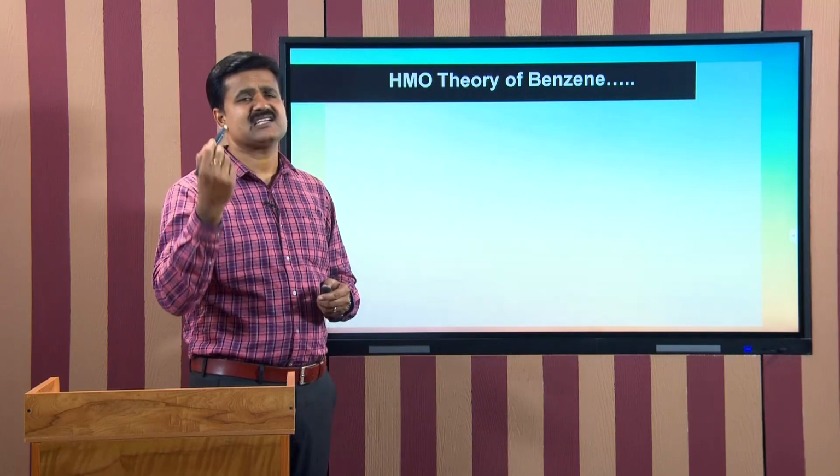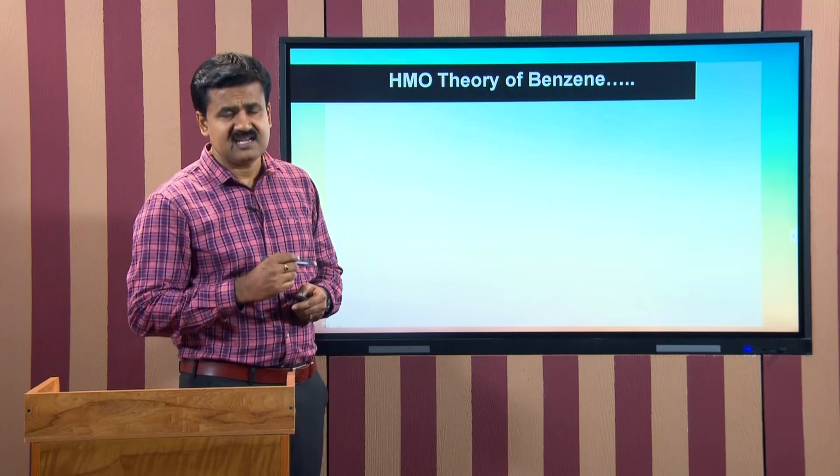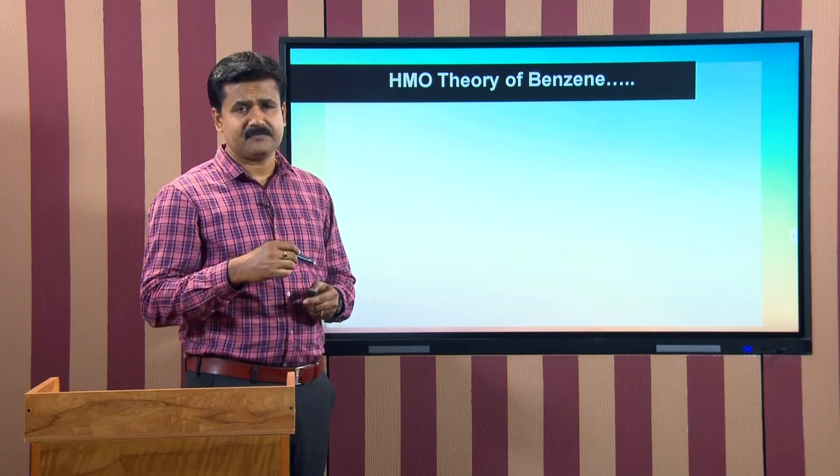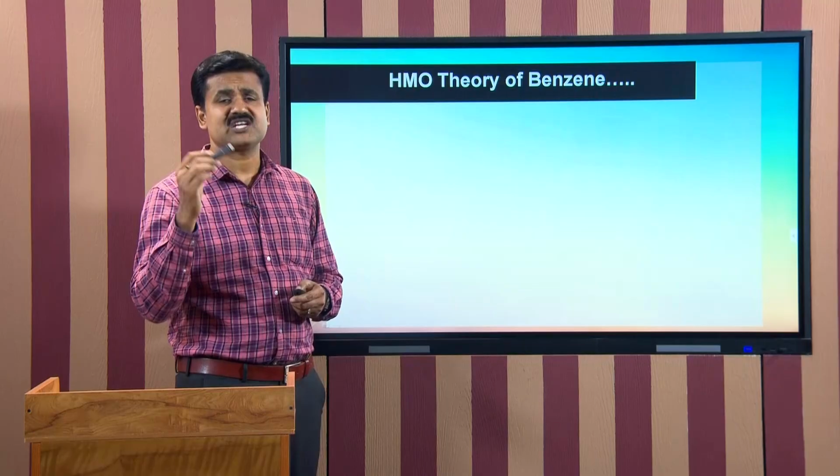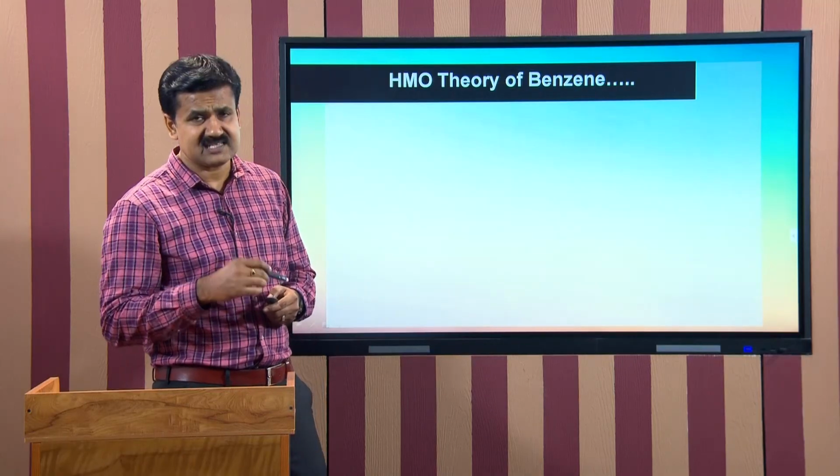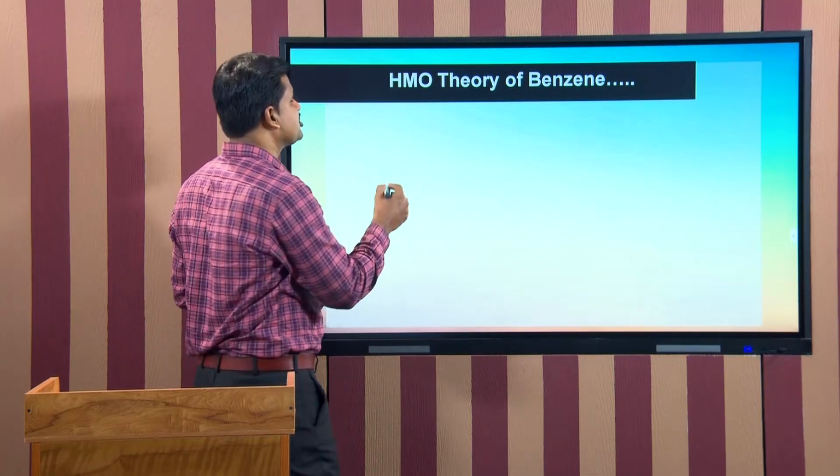Then we have to make substitutions based on Huckel theory. Then divide each element by beta. Then we give another substitution, alpha minus E by beta is equal to x. After that, we get an expression like this.